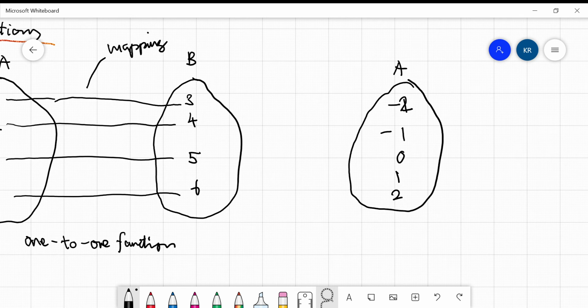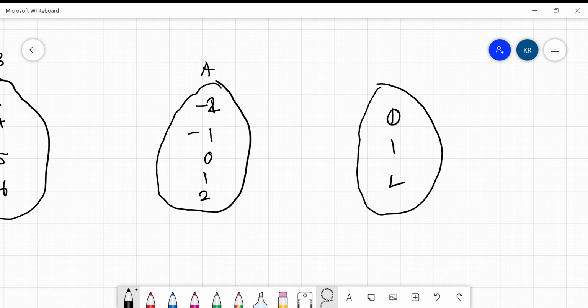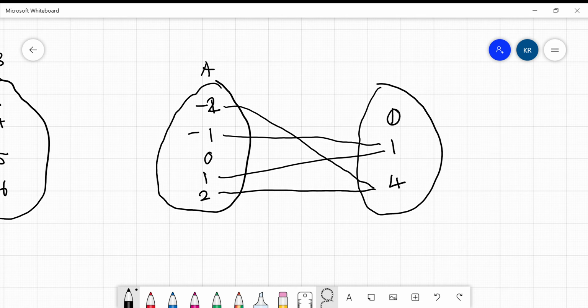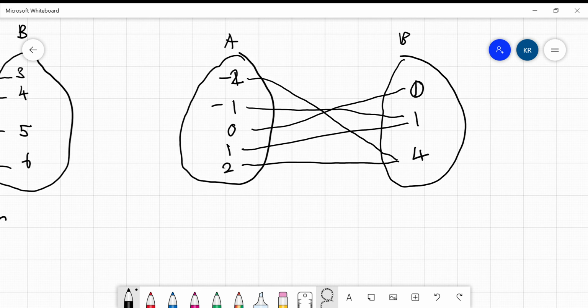Let this be A, and here let us have 0, 1, and 4. So suppose minus 1 and 1 are both mapped into 1, minus 2 and 2 are mapped into 4, and 0 is mapped into 0. This is B.